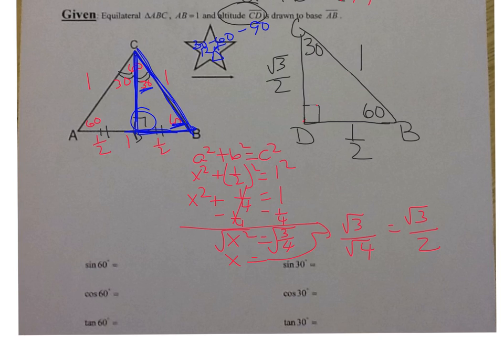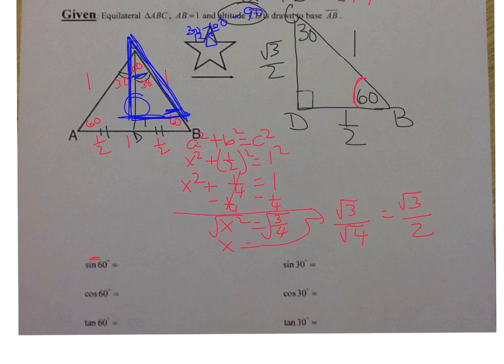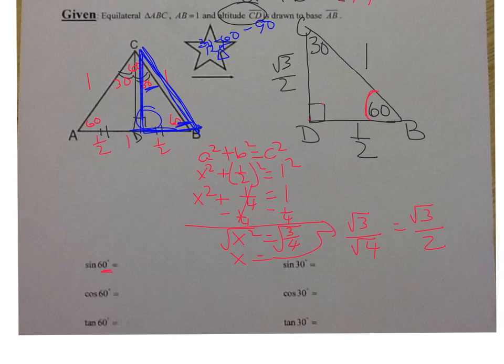Okay, now let's talk about sine, cosine, and tangent of this right triangle. So let's take a look at our 60-degree angle here. I want sine of 60 degrees. I want to know what that's equal to. So remember, sine is equal to opposite over hypotenuse. So which side is opposite?